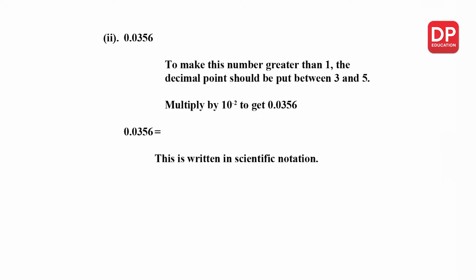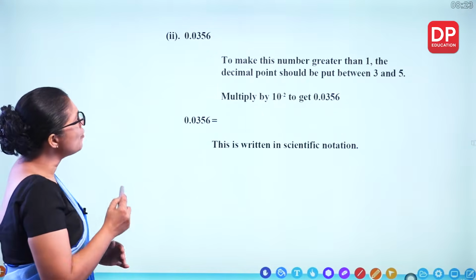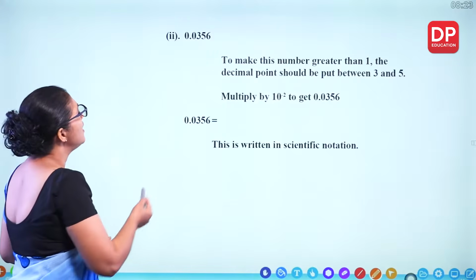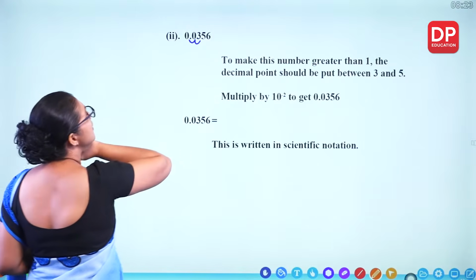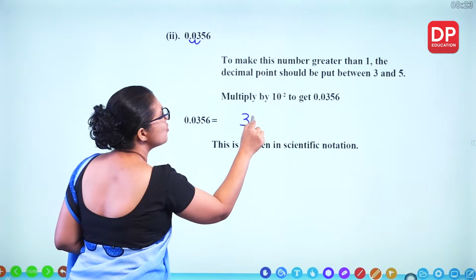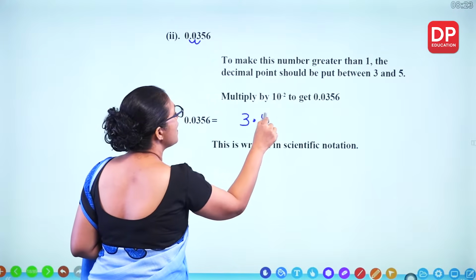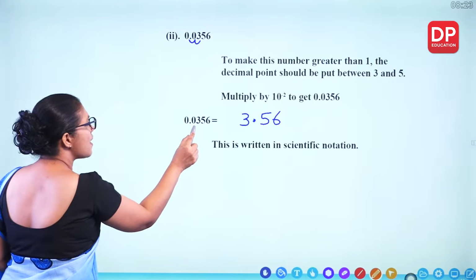Now a decimal number. That's less than 1. How do you make this number greater than 1? If we put the decimal point here, you get 3.56. So what you do, we take 3.56, and then how do you get this number?